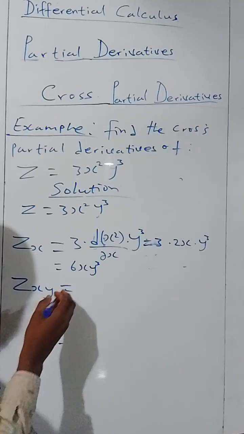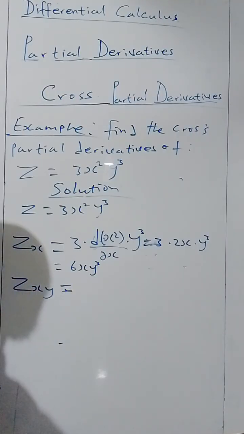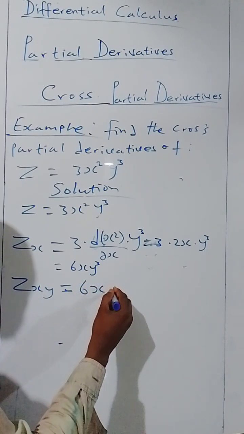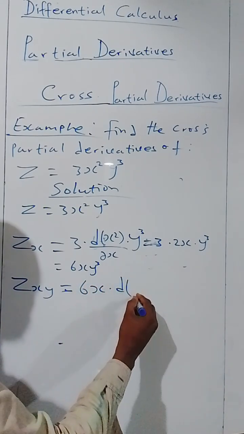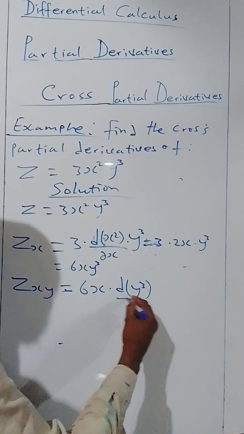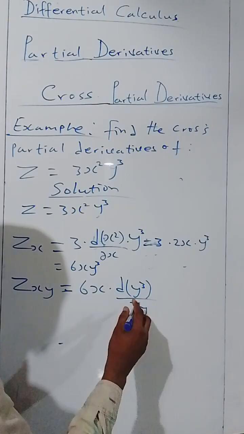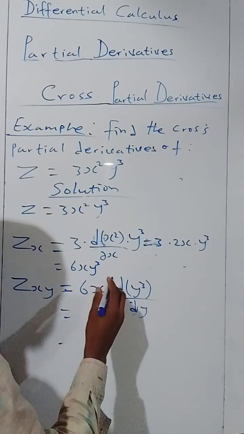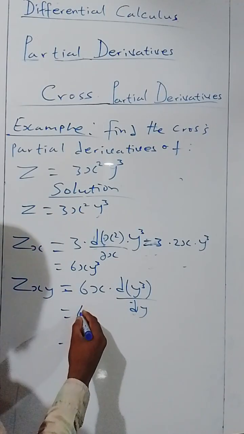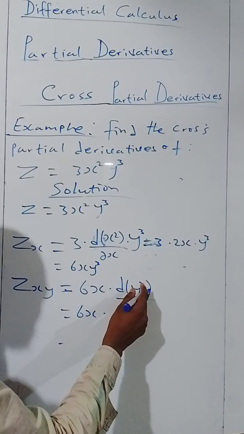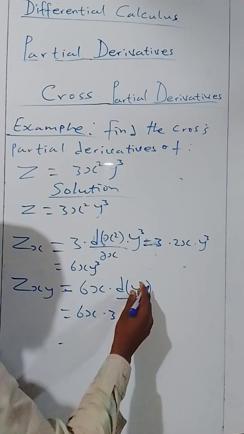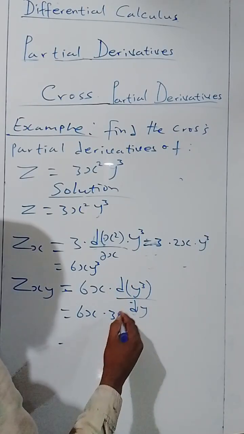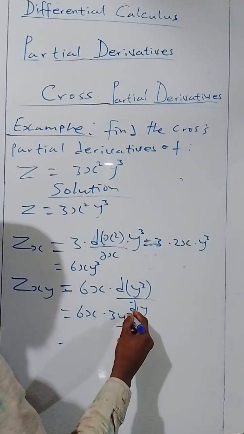So in other words, my focus will be on y, and you remember you allow other elements of this component to remain constant. So you hold them constant, you have 6x, then multiply by the derivative of y raised to power 3 with respect to y. So you have 6x multiplied by, you multiply the power, 3, by the coefficient of y, which is 1, 3 times 1 is 3, then you have y, you subtract 1 from the power, you have 2.